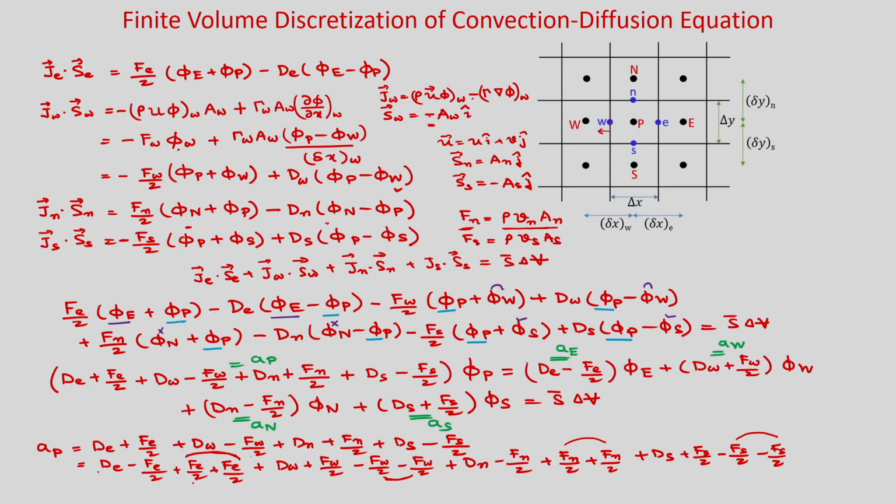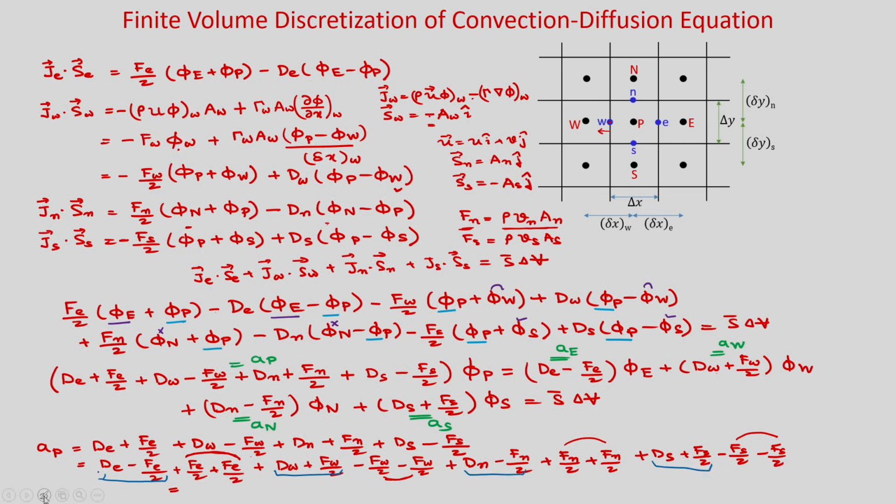So, now this a p we can write as, you see, this term is your a e, this is your a w, this is your a n and this is your a s.